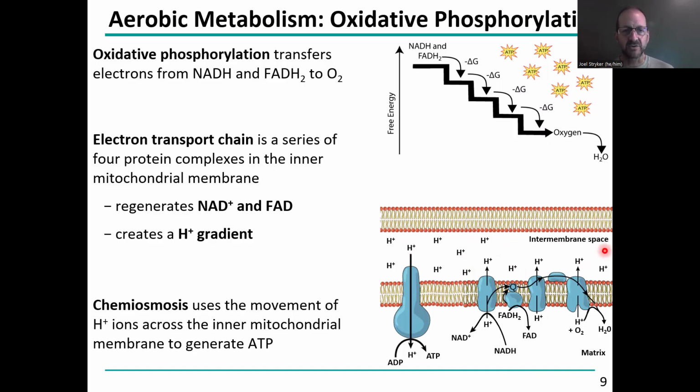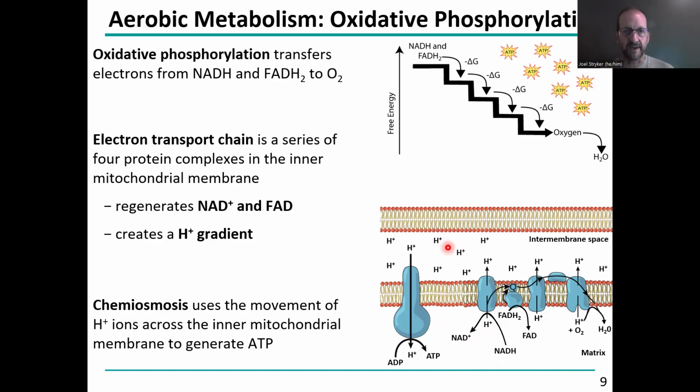I usually say hydrogen ions for simplicity. But what ends up happening is the energy comes from NADH, and we'll talk about this in more detail coming up. Energy comes primarily from NADH with a little bit from FADH2, and the job of these steps is to pump H plus from the matrix to the intermembrane space.